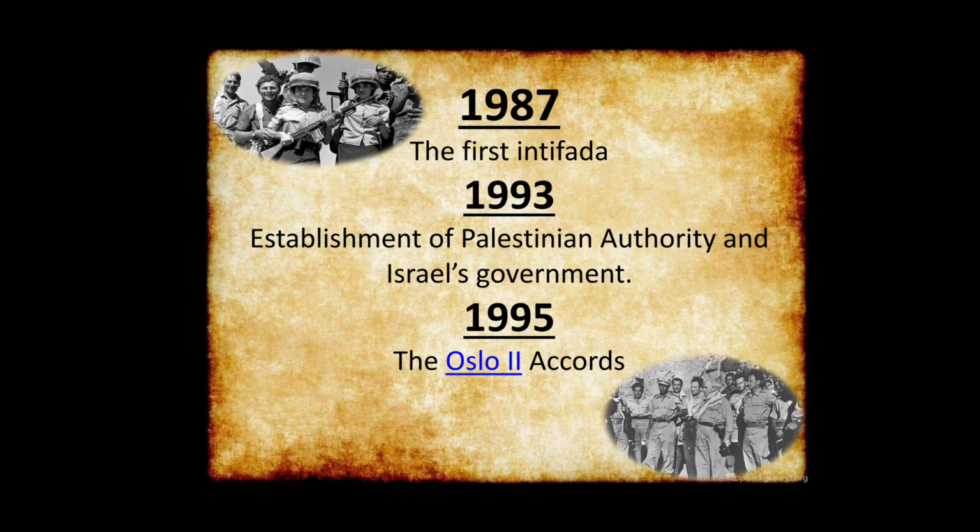The 1993 Oslo I Accords mediated the conflict, setting up a framework for the Palestinians to govern themselves in the West Bank and Gaza, and enabled mutual recognition between the newly established Palestinian Authority and Israel's government. In 1995, the Oslo II Accords expanded on the first agreement, adding a provision that mandated the complete withdrawal of Israel from 6 cities and 450 towns in the West Bank.